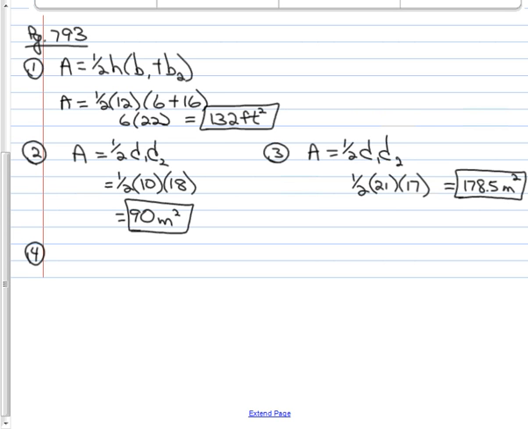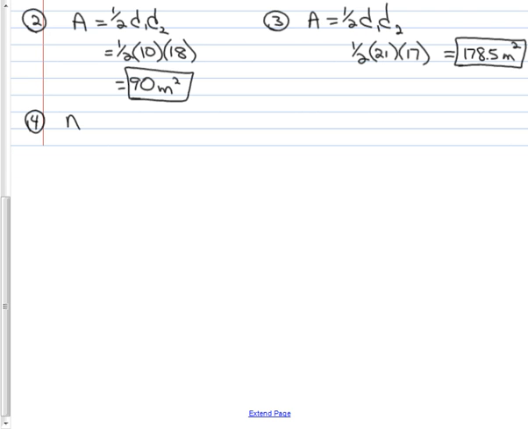Looking at that thing, what do we have here? We have a trapezoid. So that's the first thing I need to figure out. What do I know, or what do I need to figure out? Do I know the height?